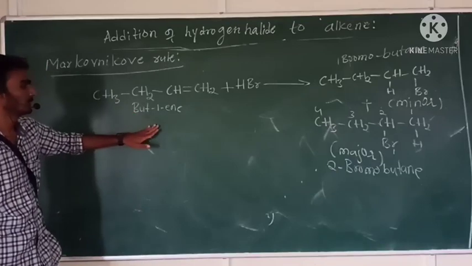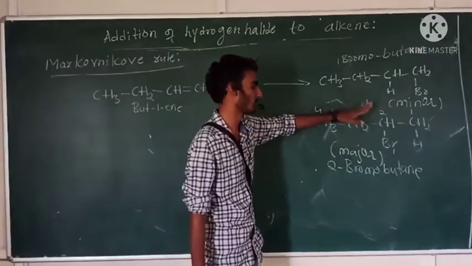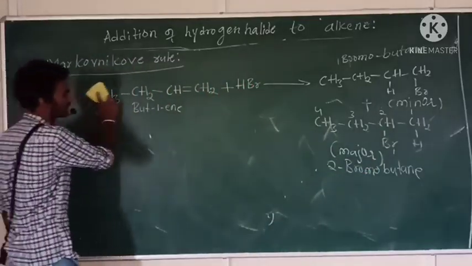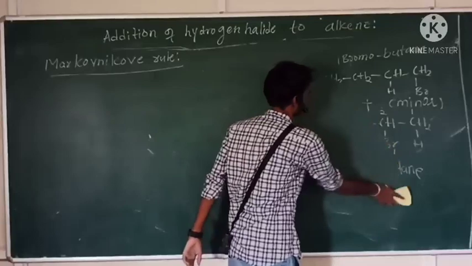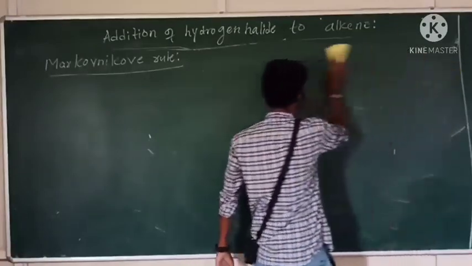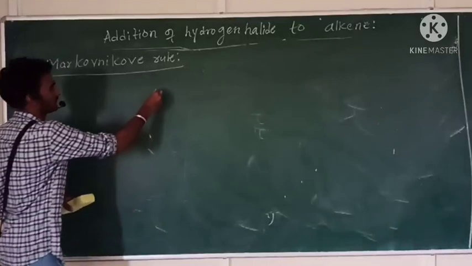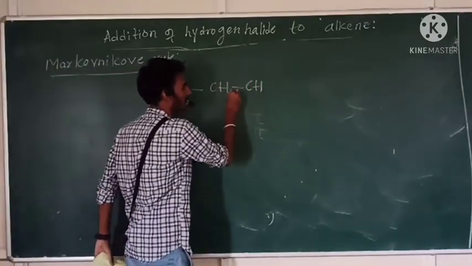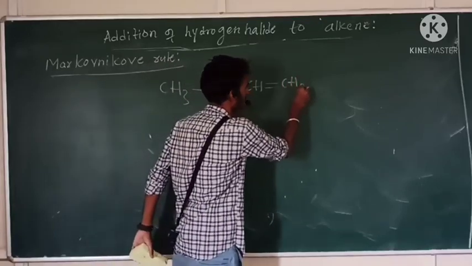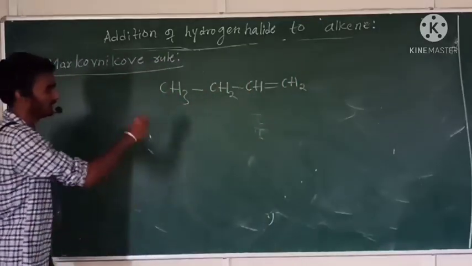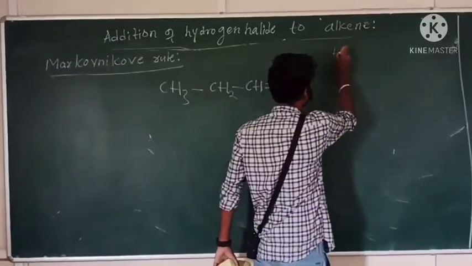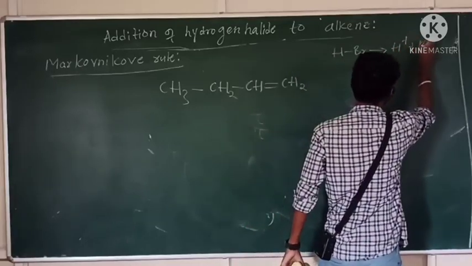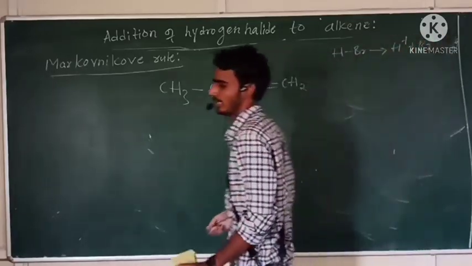So in butene they form two products. One is considered major, another one is minor. So we see the mechanism of this reaction. First, butene, that is CH3 CH2 CH double bond CH2. In this reaction, hydrogen bromide dissociates to form H plus and Br minus. H plus is taken as an electrophile.